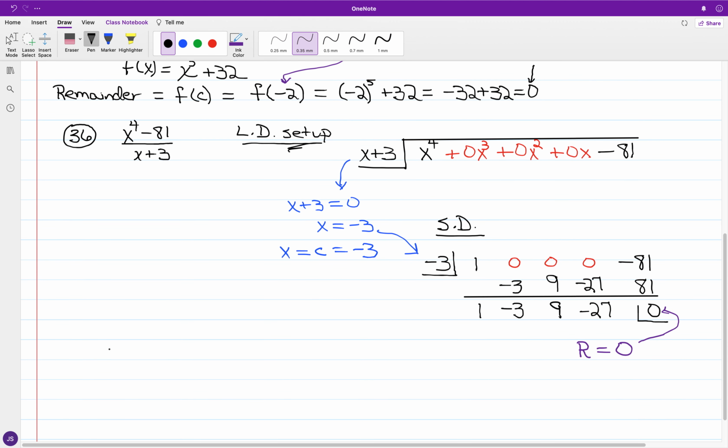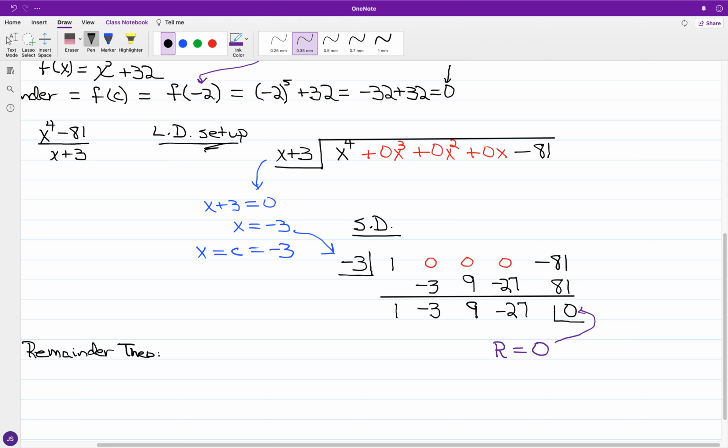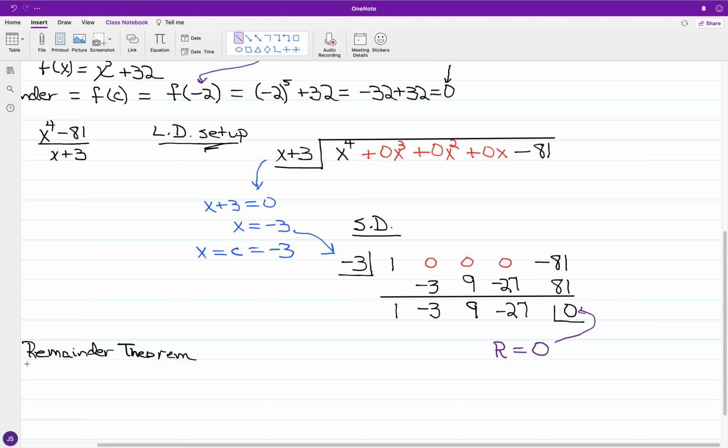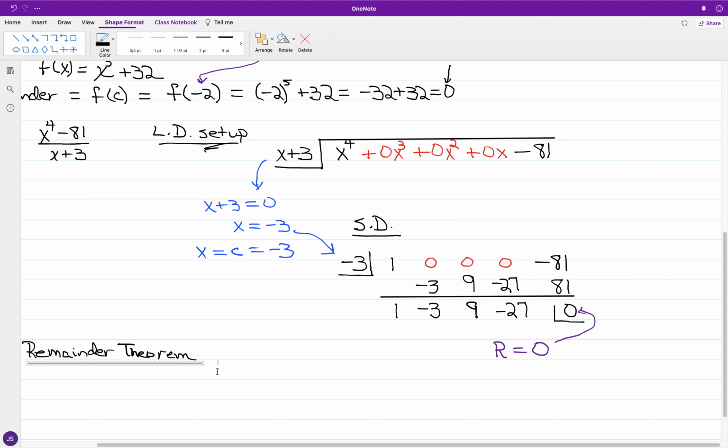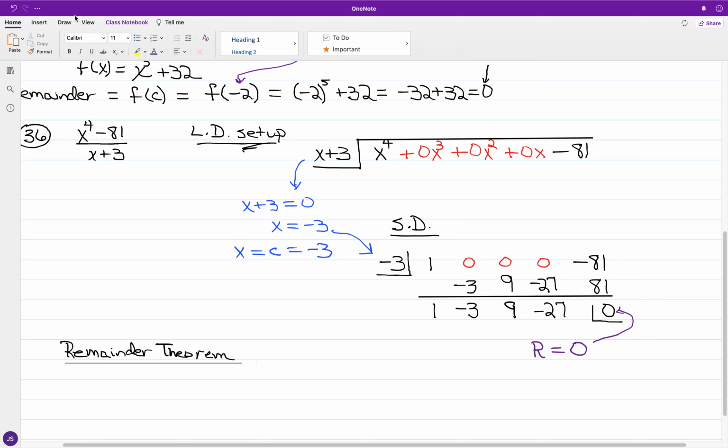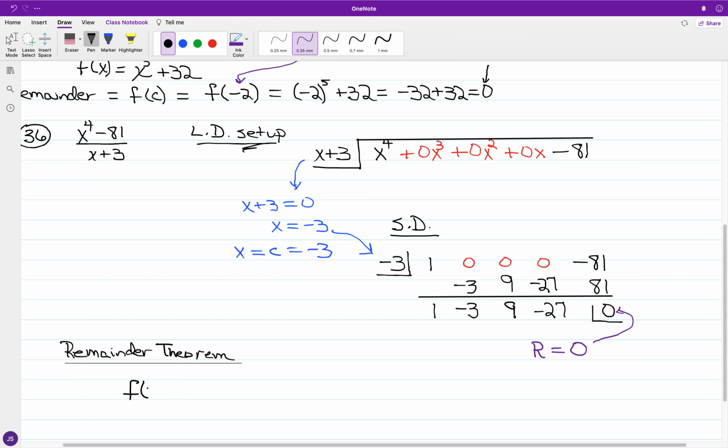And for what we have concerning the remainder theorem, so once again we have f of x, this is x to the fourth minus 81.